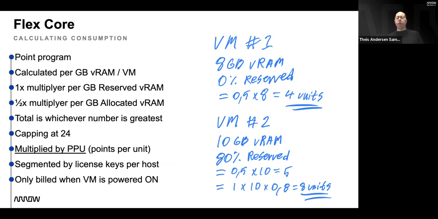So we need to calculate that, because on a VM in a vSphere environment, you would set a percentage reserved allocation of RAM, and you need to do two calculations if you are using reserved RAM to make sure that you have the correct number. Also, the final result will be capped at 24, so it can't be higher than that. And then it's going to be multiplied by the points per unit, which is at least the 7.7 that I mentioned before for the Flex Core bundle.